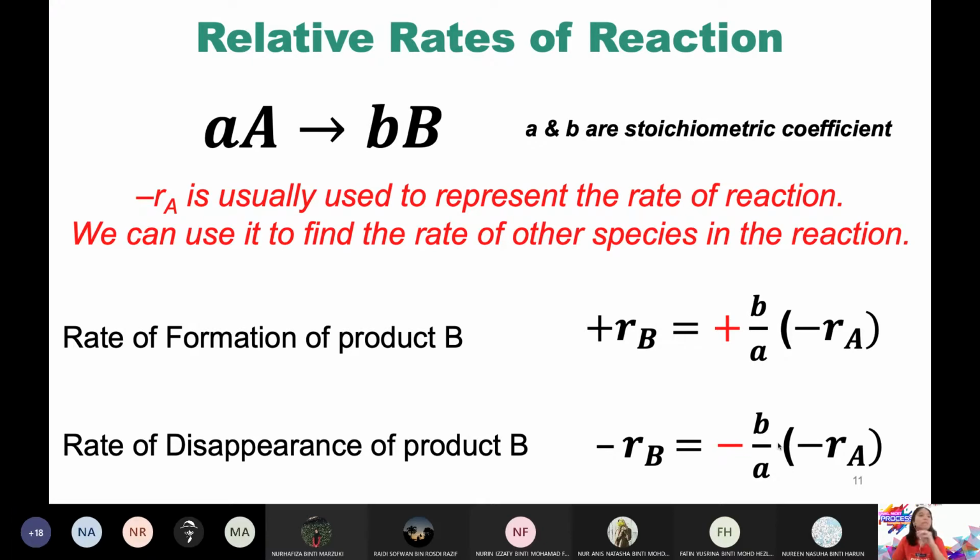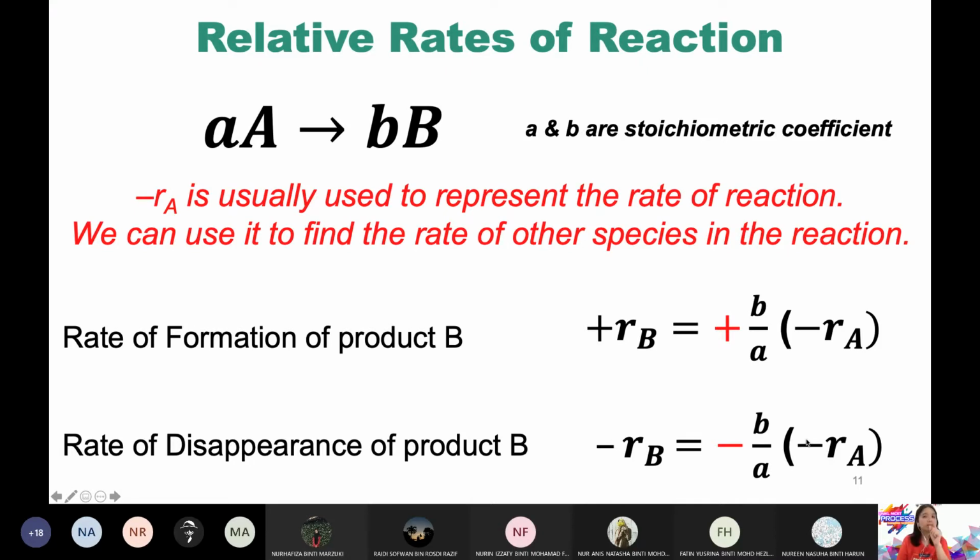Dalam kes ni, I want to calculate rate of disappearance of B. But when I check the equation, B is formed. B terbentuk, tapi I nak kira kadar kehilangan. That's why the number has a negative. Then, darab dengan, again, the stoichiometric coefficient ratio, B per A, and then multiply with minus RA.